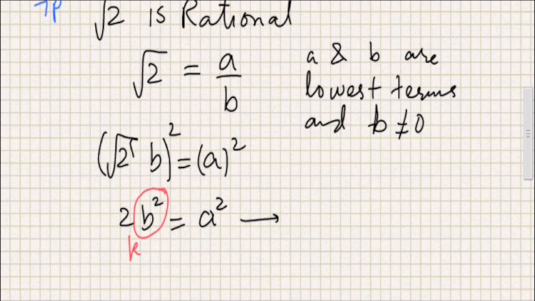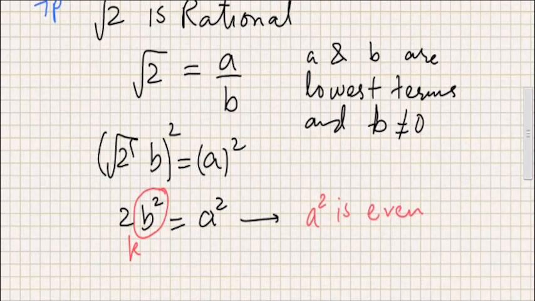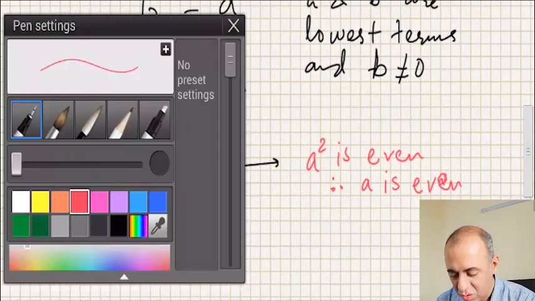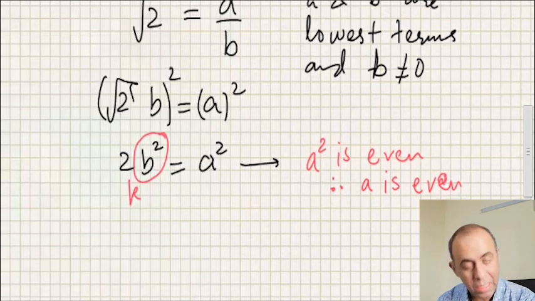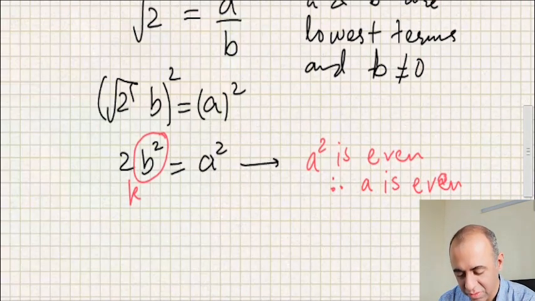So we can say that a² is even, right? If a² is even, a is also even. You can also prove this statement, but we're not going to prove it over here. So we have made one statement that a² is even, and if a² is even, a is even; this is our result from this part.